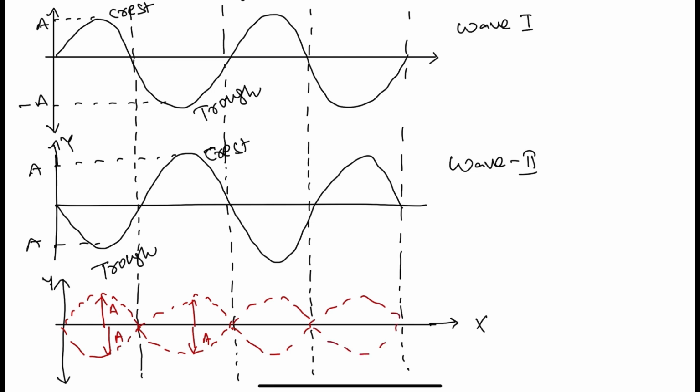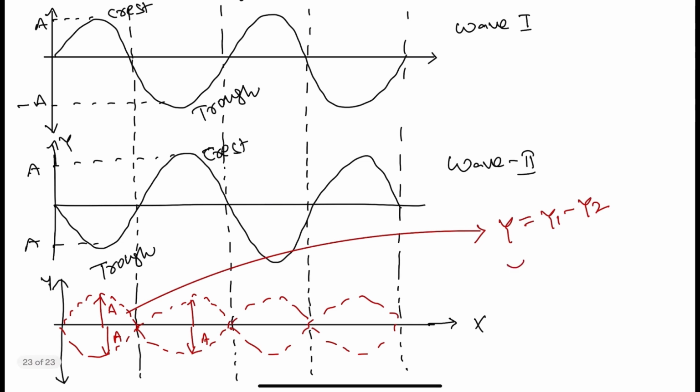Finally these get cancelled because it becomes destructive superposition, y1 minus y2. I'm not writing vectorially because they travel along the same straight line path. So y equals y1 minus y2, A minus A, which is 0. The resultant wave is along this line. This is called destructive interference of the waves.